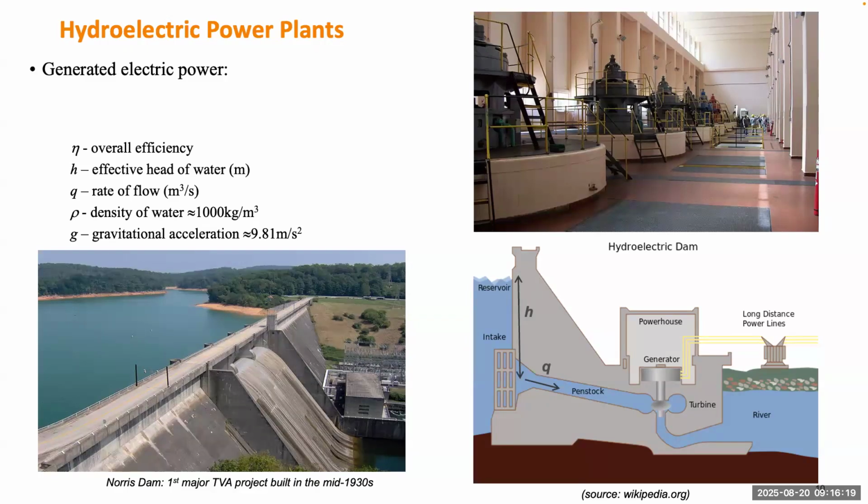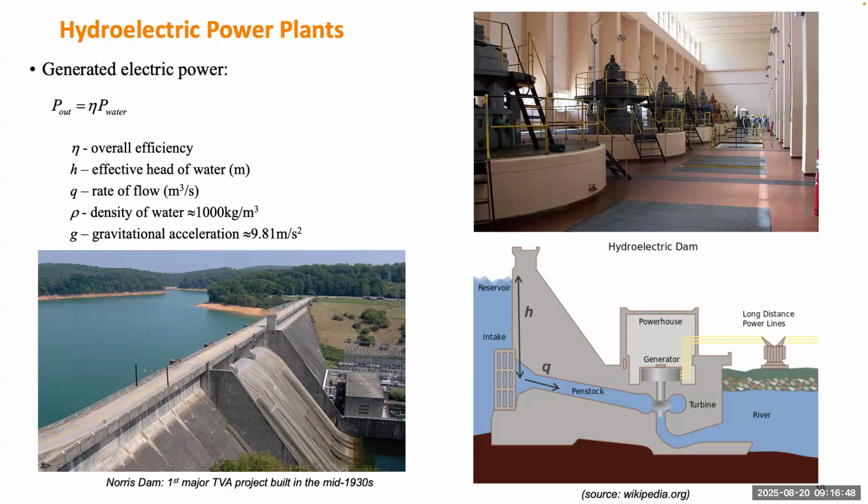So the calculation of the energy or the power generated by this hydropower plant is very easy. The output power will be equal to the efficiency multiplied by the energy carried by the water. Assume the efficiency can be very high because it doesn't involve any heat; it's basically just converting the mechanical energy of the water to electric energy.